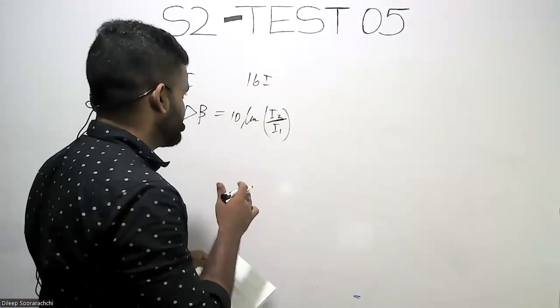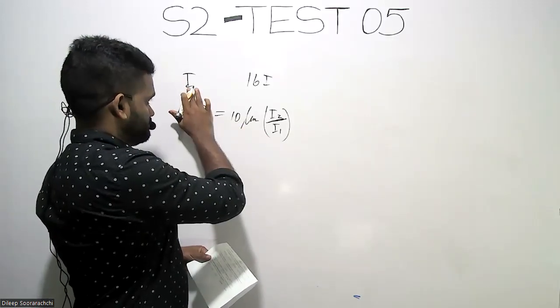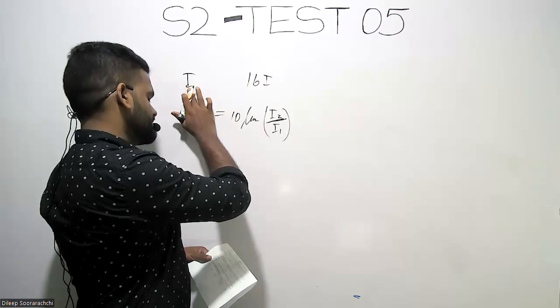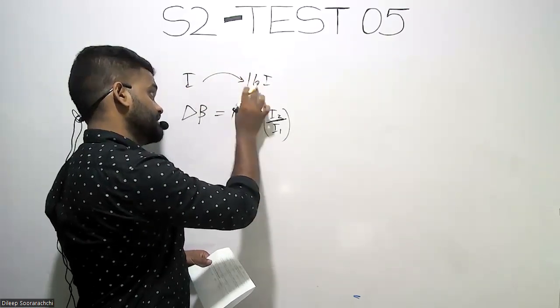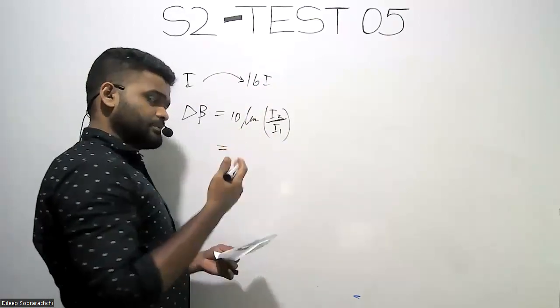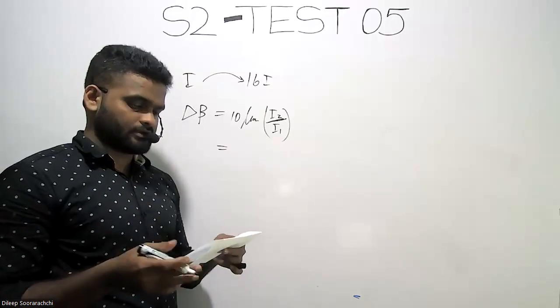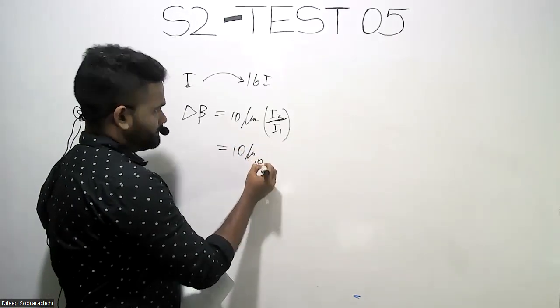So first find the change of intensity level. This is the change of intensity. I is increased to 16 times I. But what they ask is about the intensity level, right? So 10 log 10.